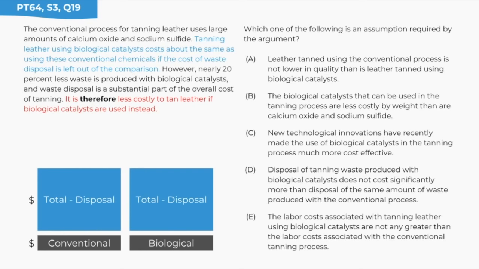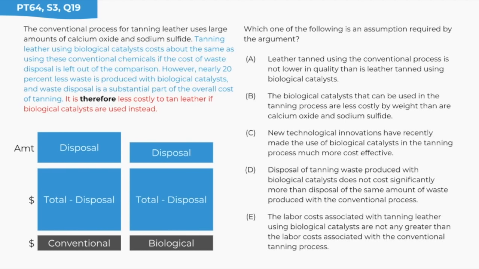So we've got the disposal aspect down, but the problem with the disposal aspect is that they're talking about the amount of waste that needs to be disposed, and they don't really talk about the cost of that waste. So it's possible that the conventional method, the cost of disposing that larger amount, could still be less than the cost of disposing the smaller amount.